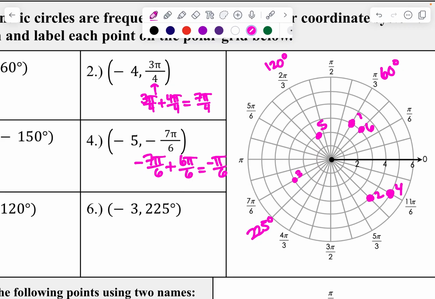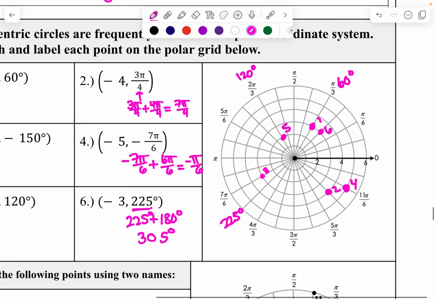Because again, when we've got a negative for our modulus, we are going to add pi to this. So 225 plus pi, which is 180 degrees, we will get 405 degrees, which is 45 degrees.